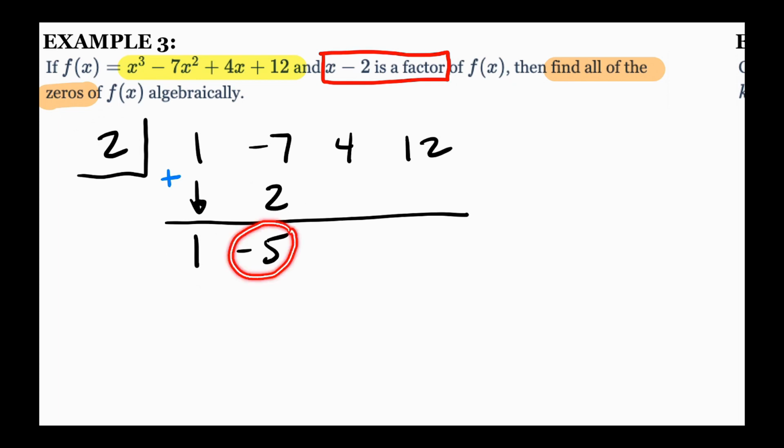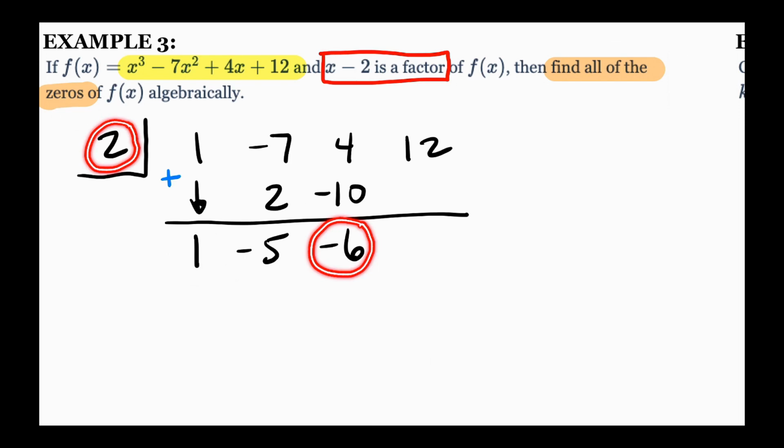Then negative 5 times positive 2 is negative 10. Add straight down, I get negative 6. One more time. Negative 6 times positive 2, negative 12. Add straight down, I get 0 as a remainder, like I should have.